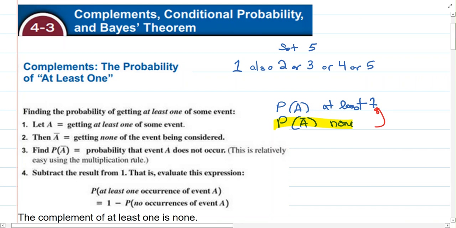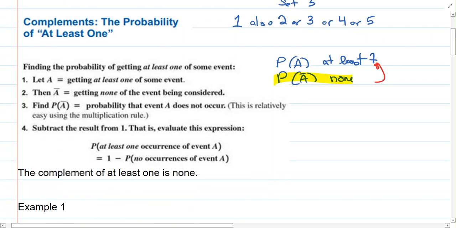The probability that an event A does not occur is the one with the bar. And this one means zero, okay? And in most cases, we subtract the results from one, that is, evaluate the expression.